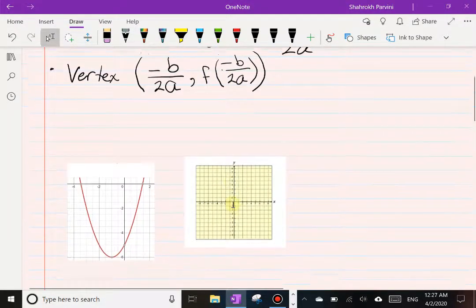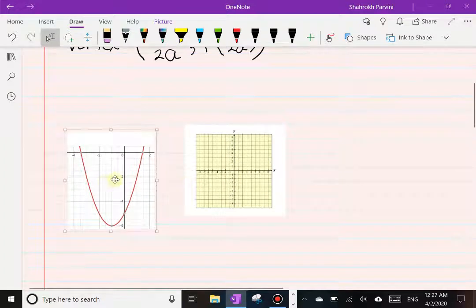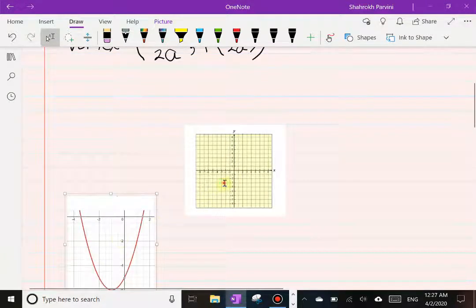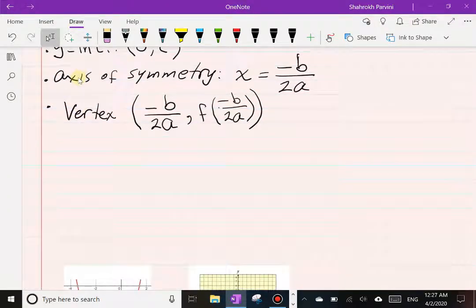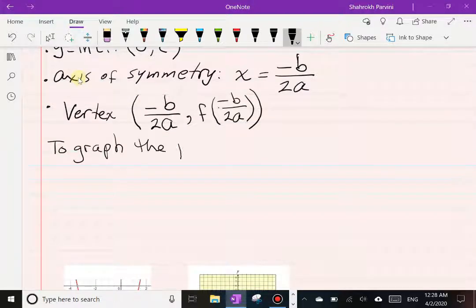Now, never mind these, I'm going to move them, and we're going to be using these in a few minutes. So in order to graph these quadratic functions in polynomial form, let me write this for you: to graph the parabola, remember, the name of the graph is parabola, we're going to need 3 points on the graph.